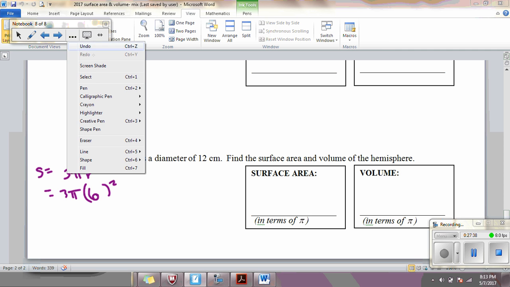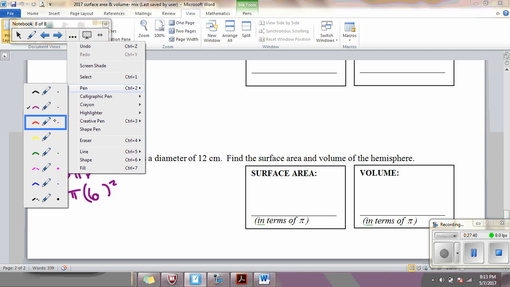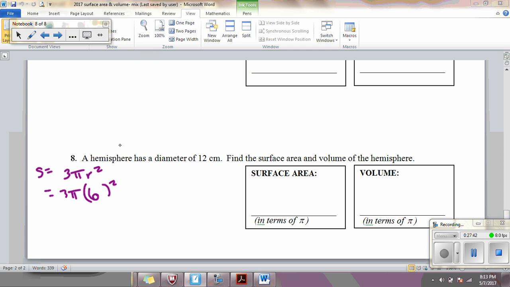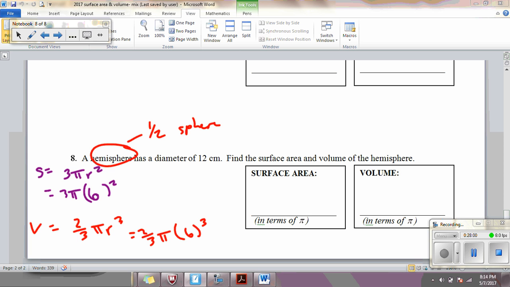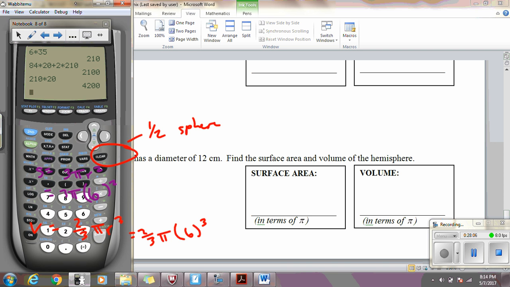For volume of a hemisphere, meaning half of a sphere, volume is found by taking 2/3 pi r cubed. So that's 2/3 pi 6 cubed. And we want the answers in terms of pi, so don't put pi into the calculator.